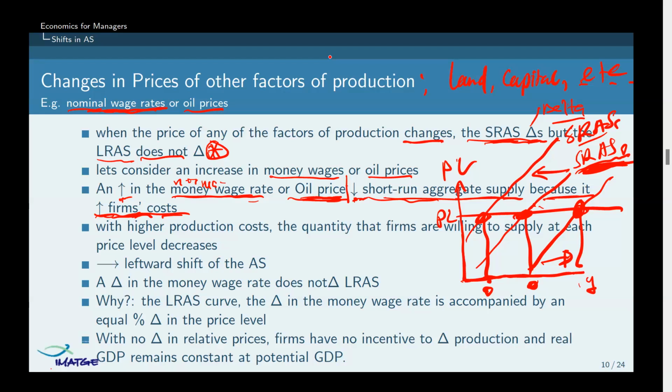Then what is the likely effect of this increase in energy prices on the South African economy? Already you know that electricity is a key input in almost every production process in South Africa. Therefore, an increase in oil prices or electricity will cause companies to experience higher production costs, which causes the short run aggregate supply to shift to the left, right? Meaning less output will be produced as companies cut production.